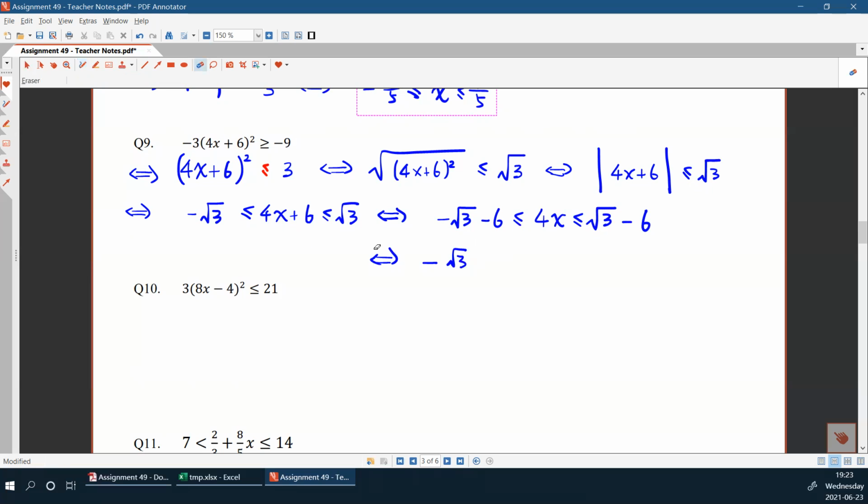So this is equivalent to (minus square root of 3 minus 6) over 4, smaller than or equal to x, smaller than or equal to (square root of 3 minus 6) over 4, right? This is our final solution.